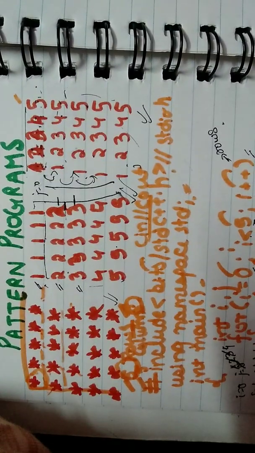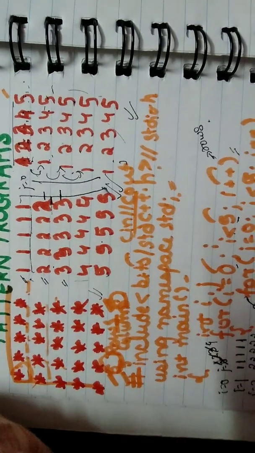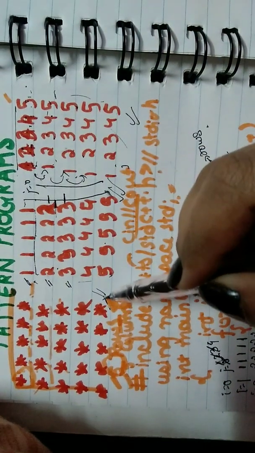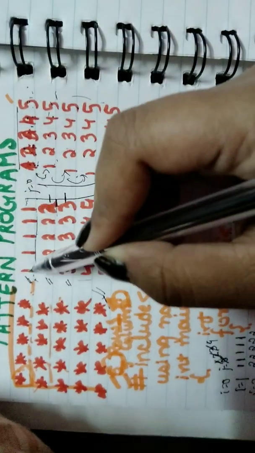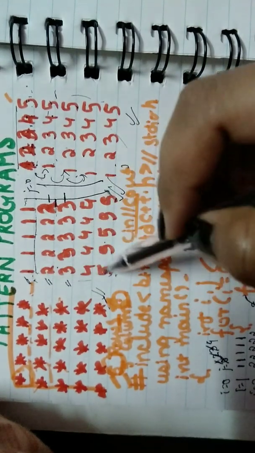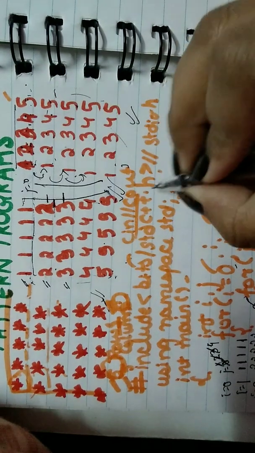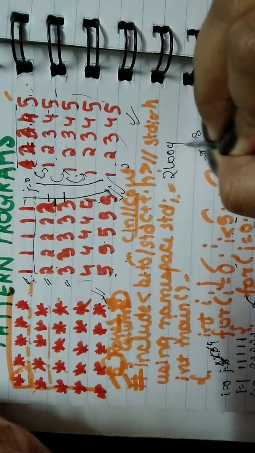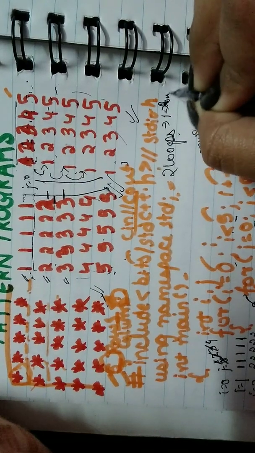Also, as promised, a quick and nice tip for the program. Whenever we have such pattern programs, try to analyze them starting from the number of rows and number of columns. Whenever you see a program with a matrix structure, one thing is very clear: we have to use 2 loops, one for the rows and one for the columns.